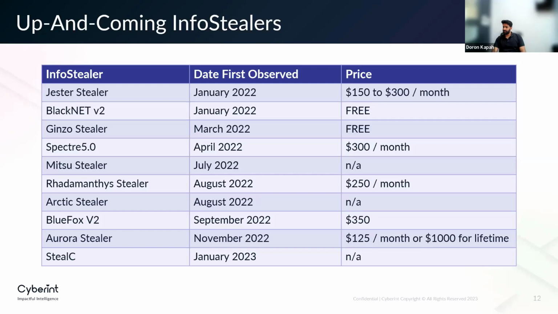And thanks. In this slide, we can see a bunch of new versions of stealers that were witnessed in 2022. So we can see the Jester Stealer, BlackNet V2, which is a new version, Gizmo Stealer, Spectre, Mitsu Stealer. By the way, Mitsu Stealer is a great example of launching a campaign with AnyDesk, because Mitsu Stealer was obtained via an AnyDesk campaign that was launched, and the ones who downloaded the file just downloaded the stealer to their computer.